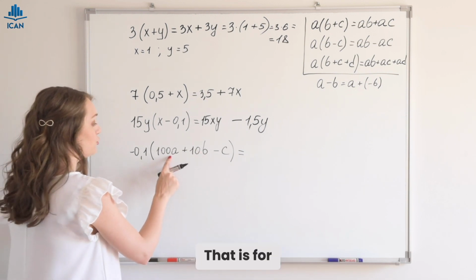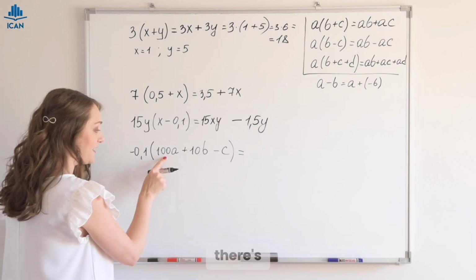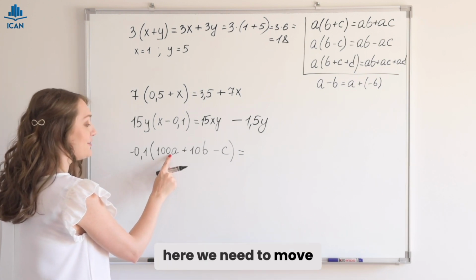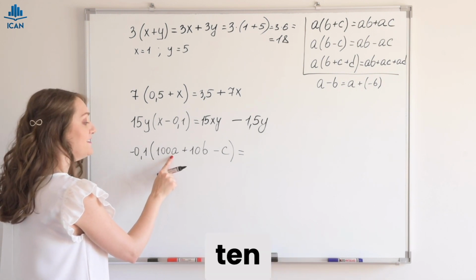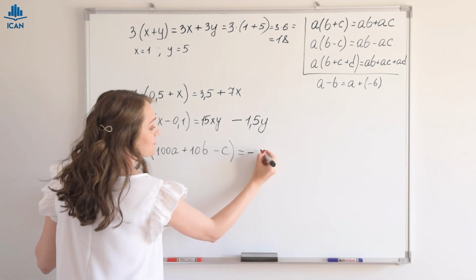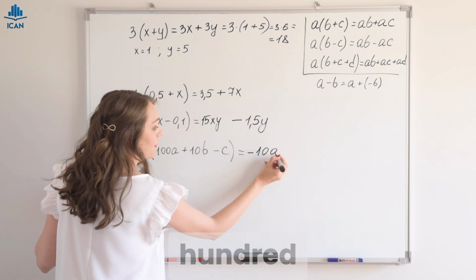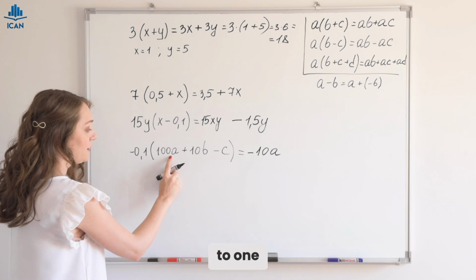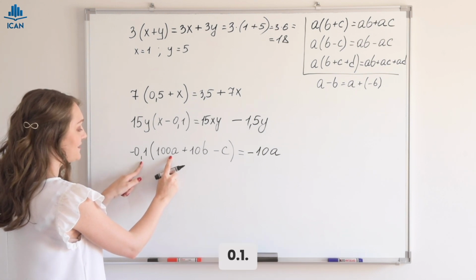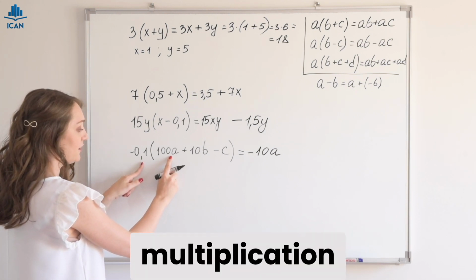For instance, if we have 100a, there's a comma here. We need to move it to the left, meaning instead of 100a, we will have 10a, but we have minus 10a. And we didn't touch it. Instead, we shifted the comma by one position, multiplying by 0.1. That's how multiplication works.